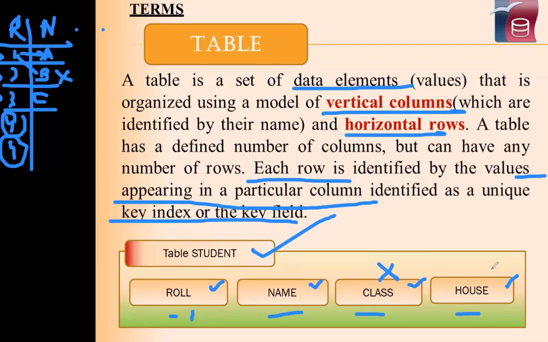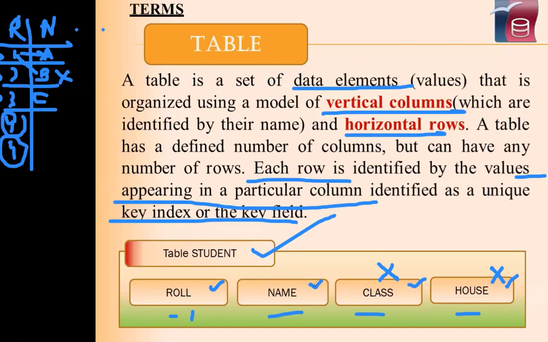Similarly, house is another field which cannot be kept as a key field because there will be a number of students in the same house. So when I'm entering the data of 10 students, I will find that 4 of them are in the same house. So house is getting repeated. That means I cannot keep house as the key field.